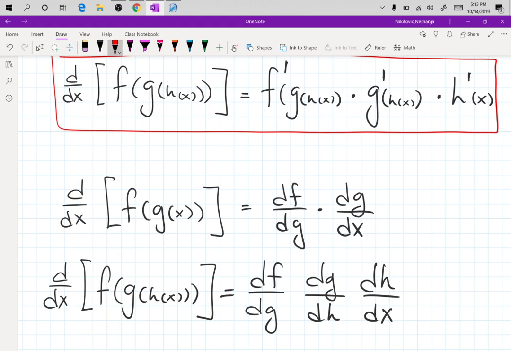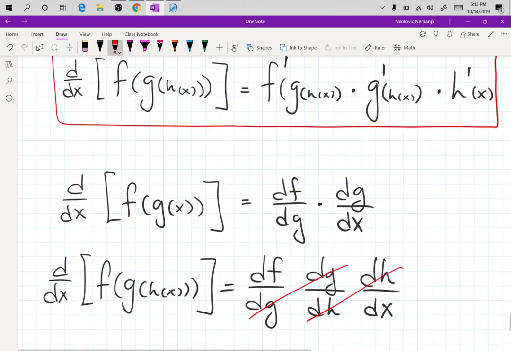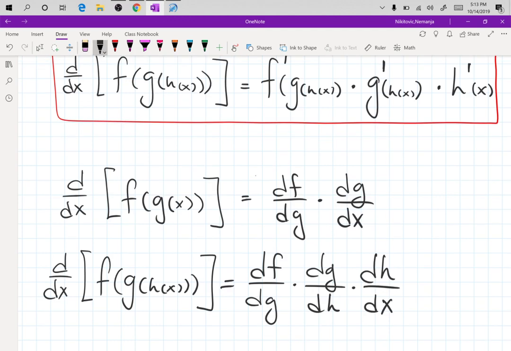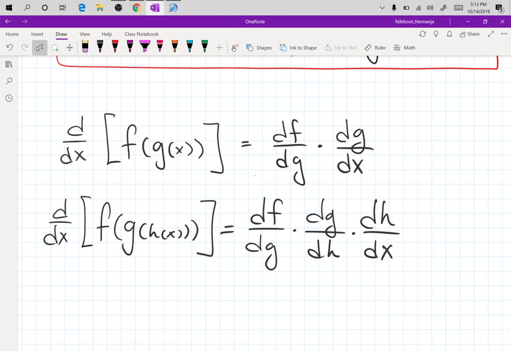And you can see that if these cancel, they cancel again to df dx. That's what you're looking for, the derivative of function f. Yes, it was more complicated, which is why we have all of the steps in between, but at the end of the day, it's df dx that we're looking for.